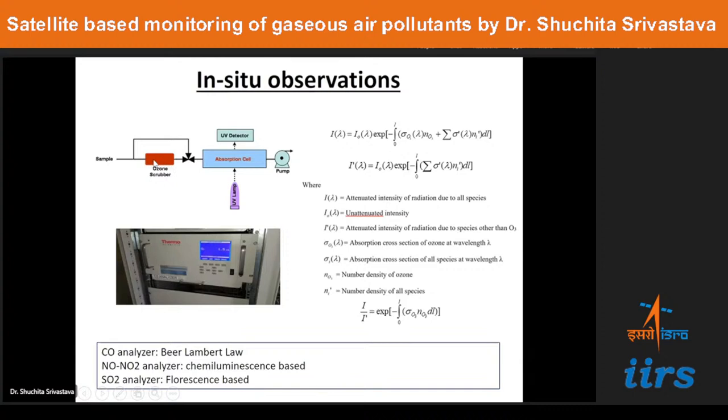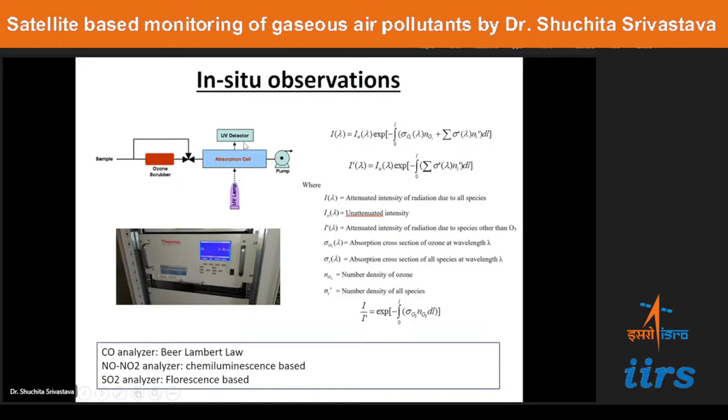In this path there is an ozone scrubber which converts all the ozone present in the air sample into oxygen. So the air sample passes through the ozone scrubber and comes into the absorption cell. Again UV light passes through it and is detected by the UV detector. Now two cycles are discussed: one is the direct path, one is through the ozone scrubber path, each for 10 seconds.